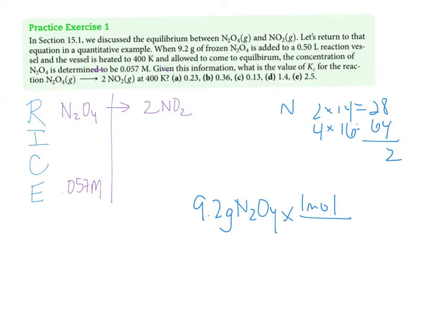I hope I'm not making a mistake. So I think that's 92 grams in a mole of N2O4. I need my calculator. Although this problem is written so you could do without a calculator, so let's do that. We have 9.2 divided by 92, so that's going to be 0.1 moles.